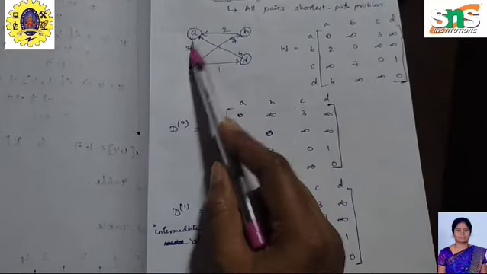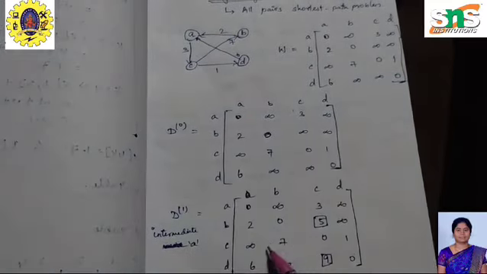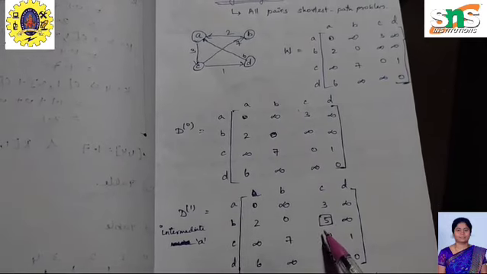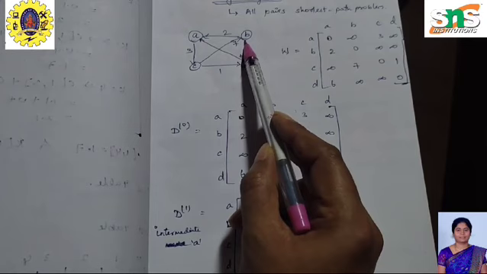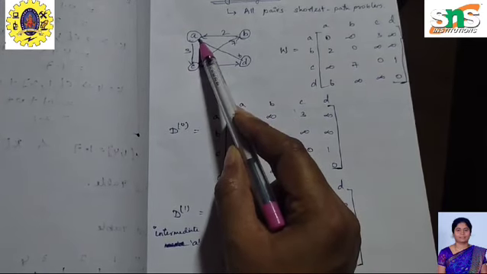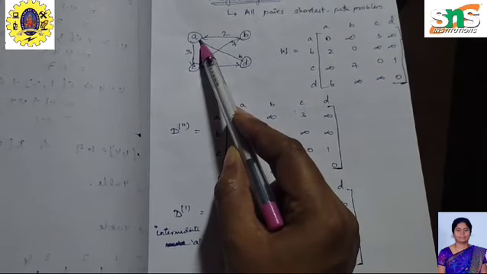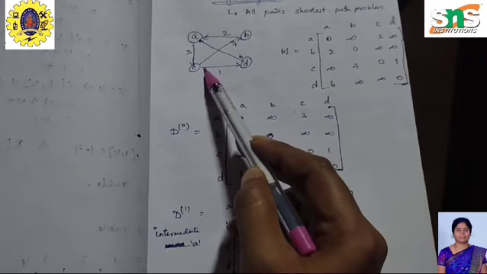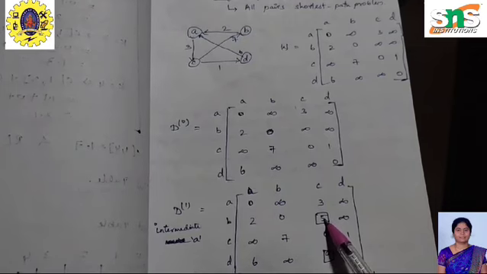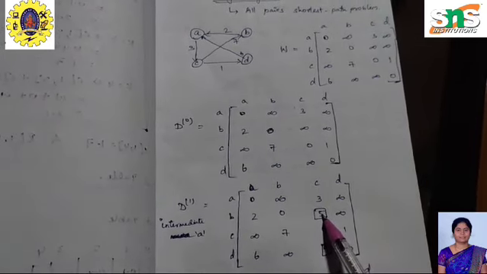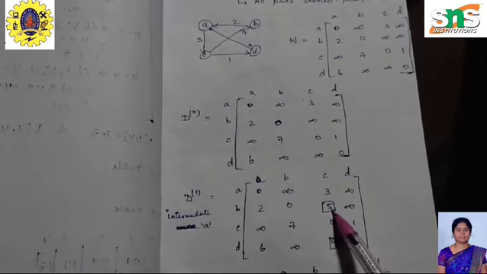Next is B to A. B to A I already have 2, B to B is 0. Now A is an intermediate node, now it is opened. So from B it goes through A and reaches C. So 2 plus 3 is 5, so 5 will be the new path we can identify in this matrix.